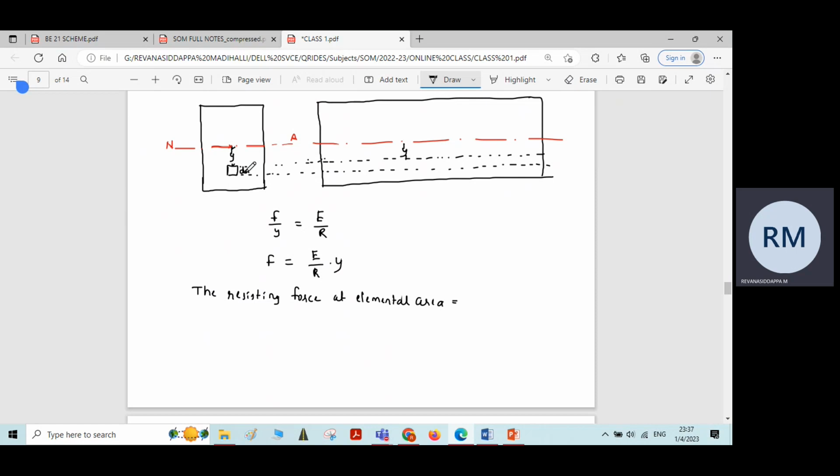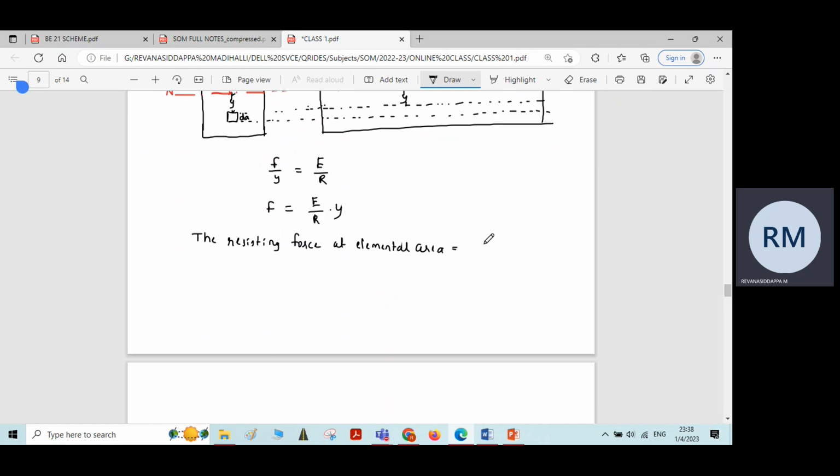Stress is nothing but resistance per unit area. Correct. So if you multiply that stress with the area, you will get the resisting force. Therefore, the resisting force we can write as the bending stress into cross sectional area.